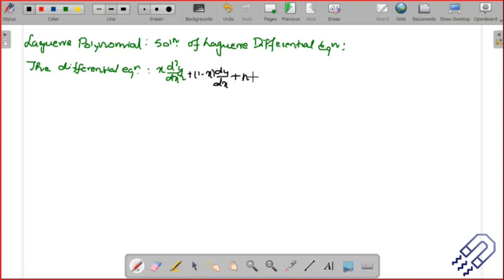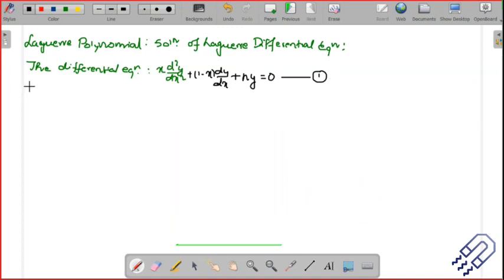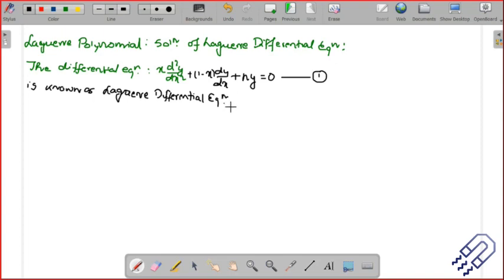So let's just mark this as 1, okay, and this is something which is known as the Laguerre equation. So this is Laguerre differential equation.